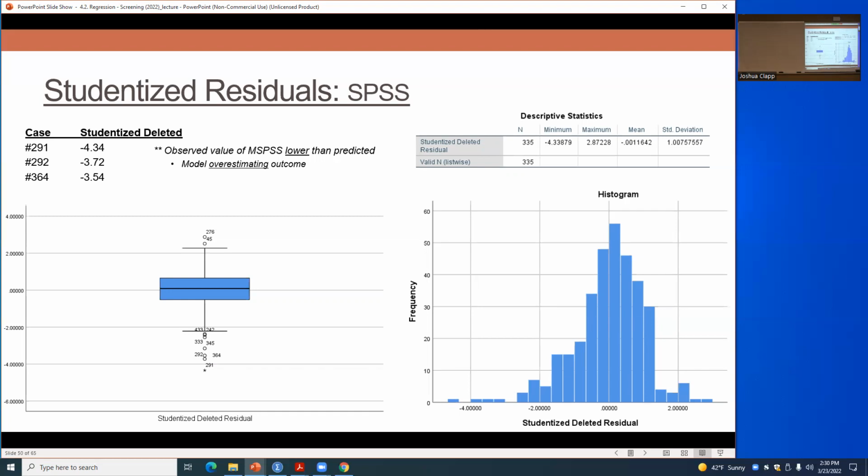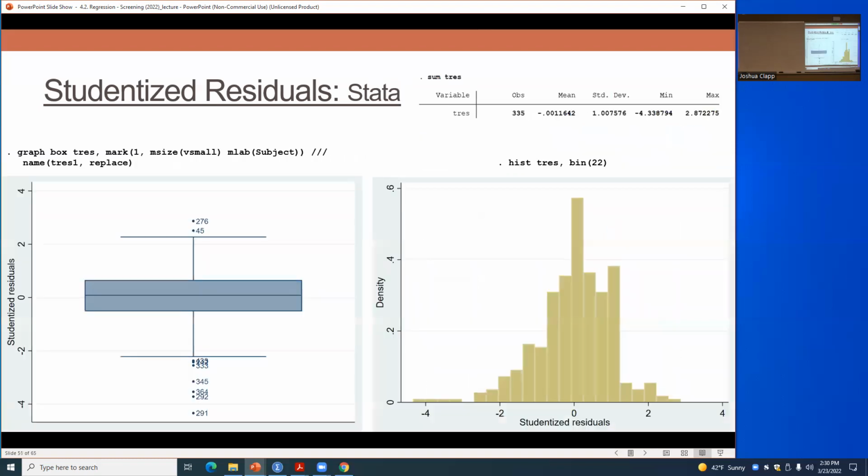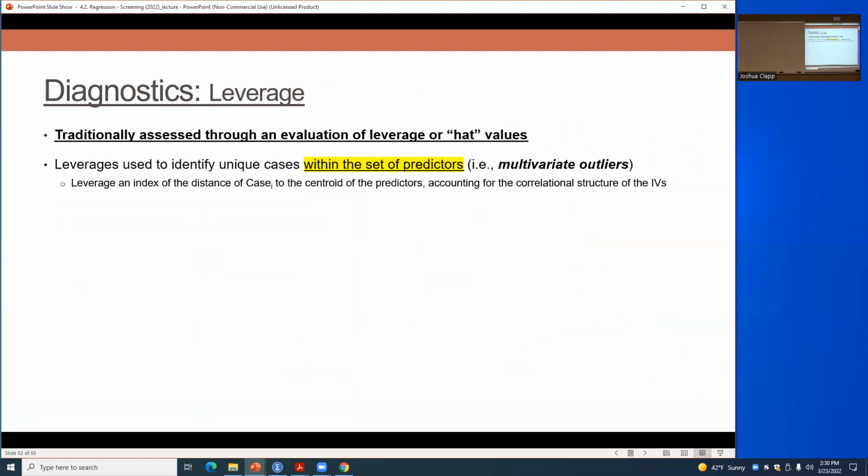So we want to take this all into consideration, not just writing down numbers, but also thinking about what this means. What is my model doing in these situations? Okay. So these are cases that are weird in Y space. All right. Same thing in Stata. Just putting it out there. Okay. So people see what we got in terms of our discrepancies, how we're thinking about those cases.